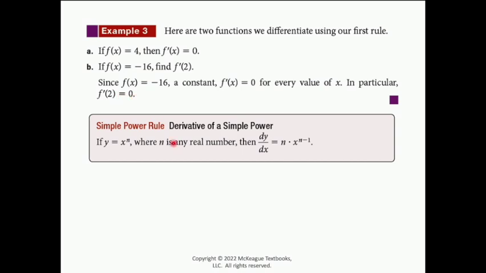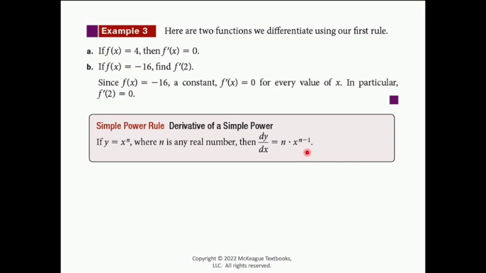The next rule is used for when we have x raised to some power. So when we have something in this form, x to the n, without having to go through that limit definition, we can just say that the derivative of y with respect to x is n times x to the n minus 1.